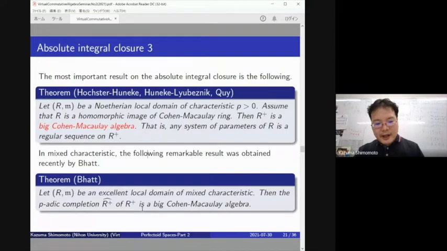If we don't take the p-adic completion, this is still a big Cohen-Macaulay algebra, but you have to start with a regular system of parameters such that the first one is p. So this is a big difference. Because usually big Cohen-Macaulay means some system of parameters is a regular sequence. But when we say every system of parameters is a regular sequence, we have to say balanced big Cohen-Macaulay algebra.